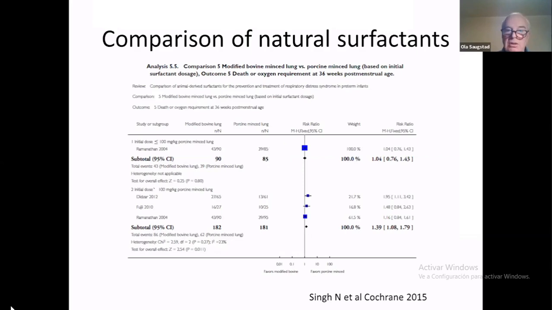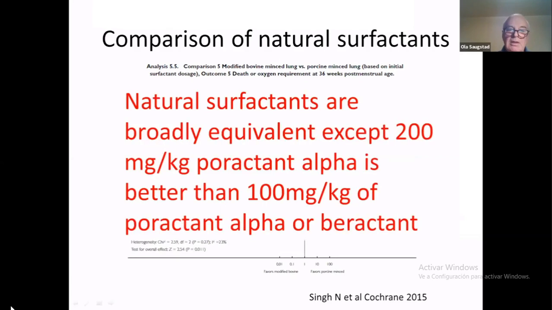Relative risk for this outcome, 1.39, with confidence interval from 1.08 to 1.79. So based on this and some other studies, we concluded that natural surfactants are broadly equivalent, except for 200 milligram per kilo poractant alfa, which is Curosurf, which we believe is better than 100 milligram of poractant alfa or beractant or Survanta.